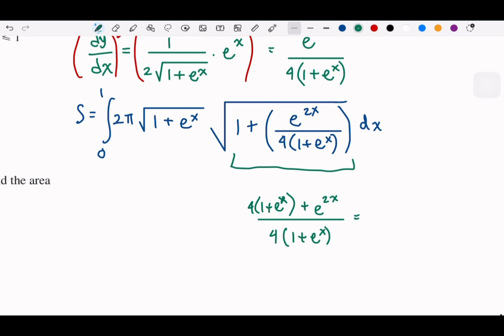So this will be e to the 2x plus 4 e to the x plus 4, over 4. Okay, I would say the algebra part is quite challenging, so I hope you can try by yourself. 4 e, correct, right? So 4. Okay, at least this is the algebra.